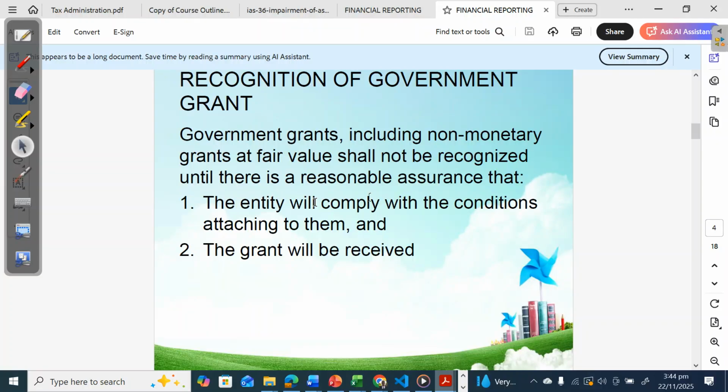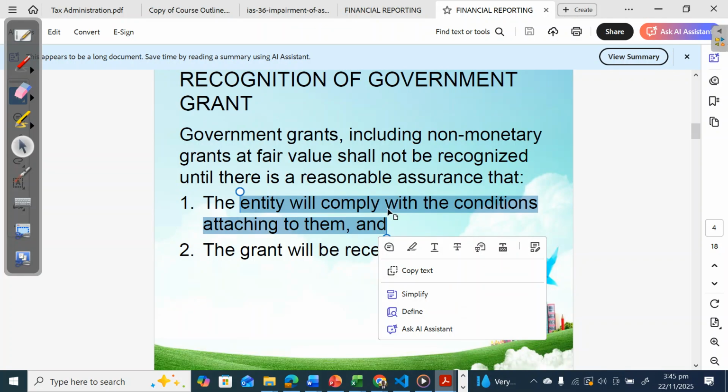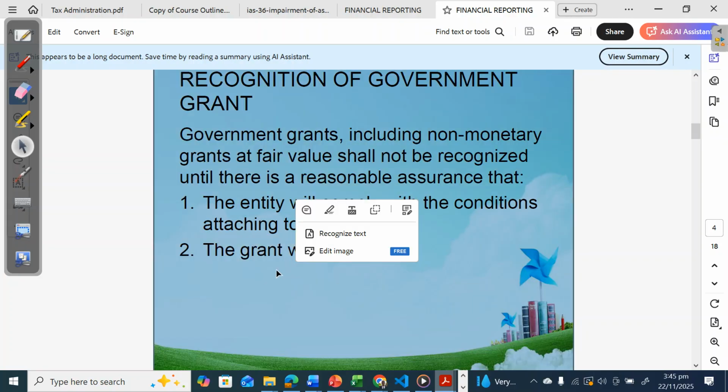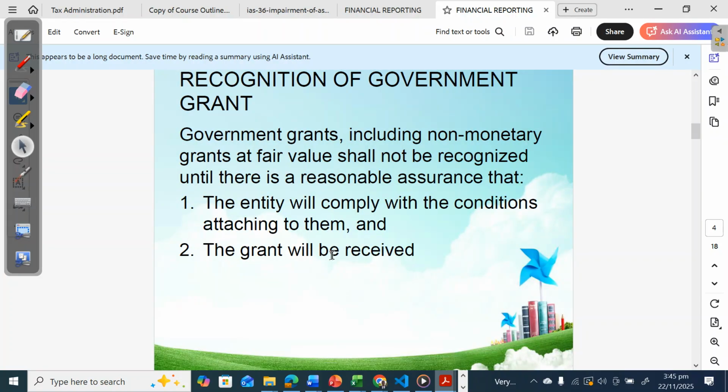Number one, the entity will comply with the conditions attached to the grant. Whatever conditions the grant comes with, you have to comply with it. And two, the grant will be received. You have reasonable assurance that the grant will be received.